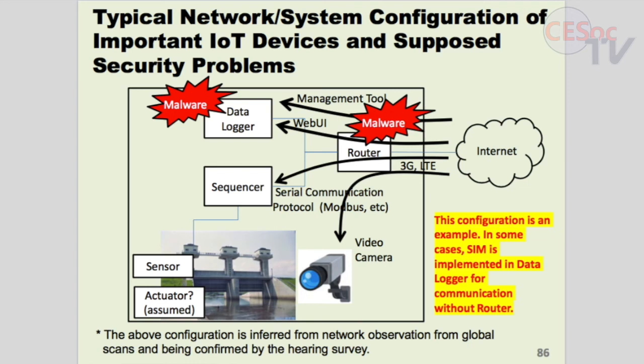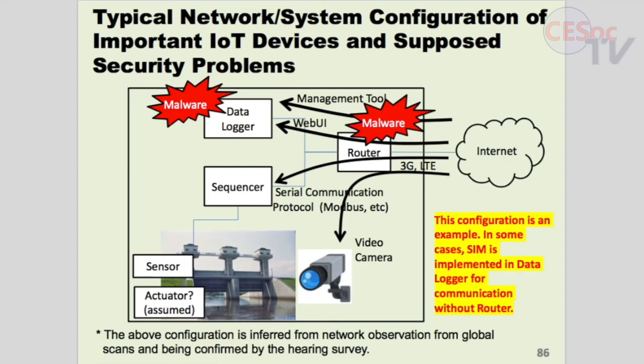The internet is located on the right side, and as a gateway, a router interfaces with the internet. Behind it are a data logger collecting data, and a sequencer, a kind of PLC, programmable logic controller, and sensors and actuators, probably located behind that. From the internet, one can use a web interface and a management tool to access the data logger, and also connect to the sequencer using a serial communication protocol.